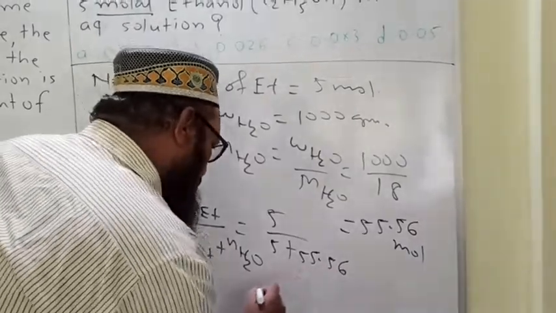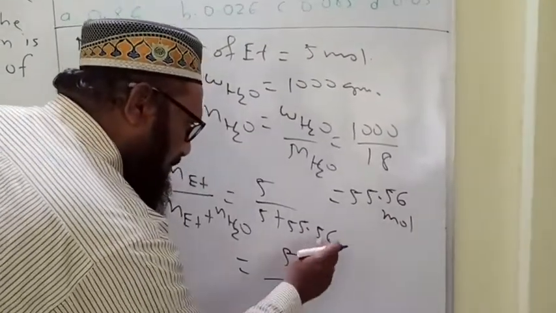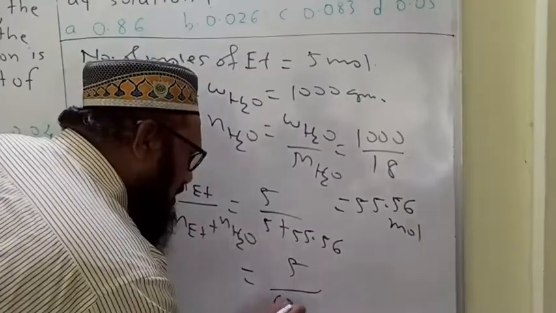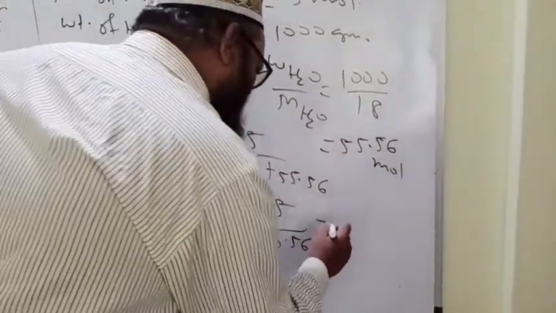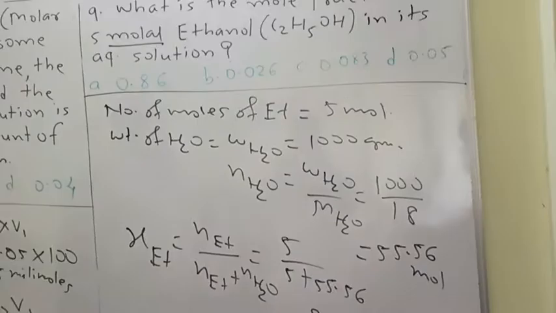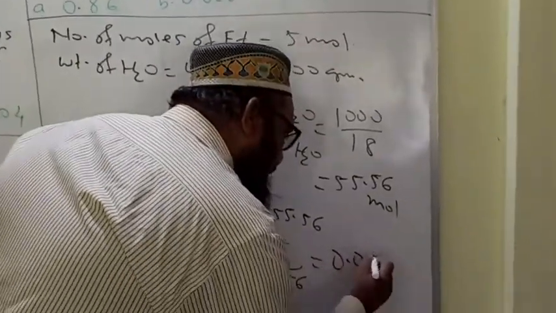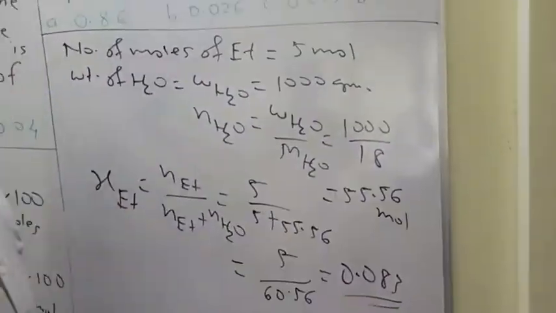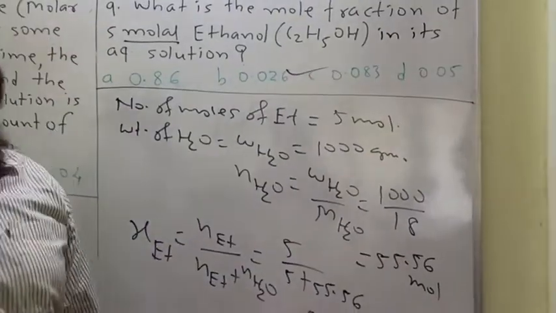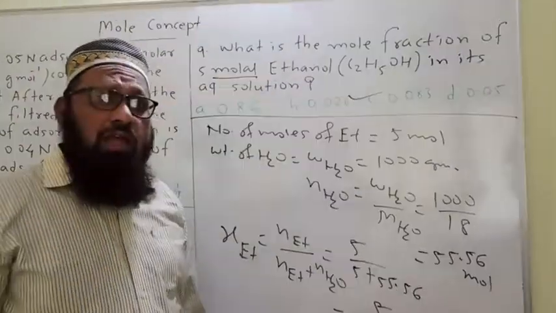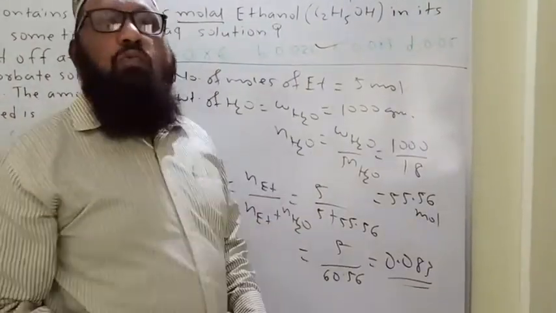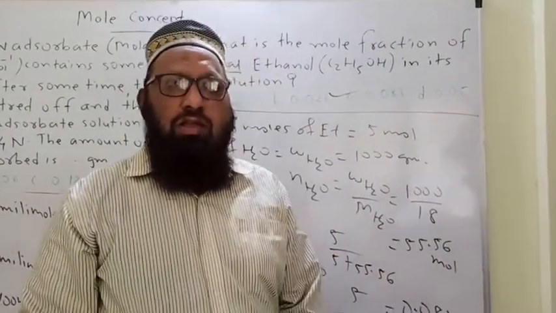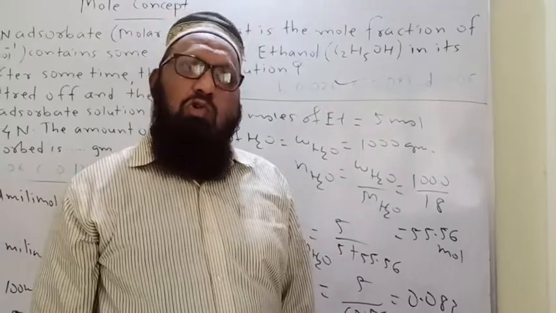This is equal to 5 upon 60.56, and the answer comes to be 0.083. C is the correct option. The mole fraction of 5 molal ethanol in its aqueous solution is found to be 0.083. So 0.083 is the mole fraction.